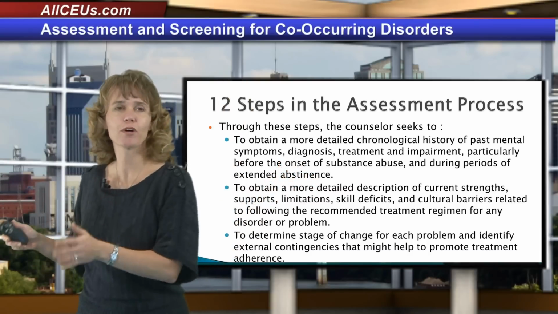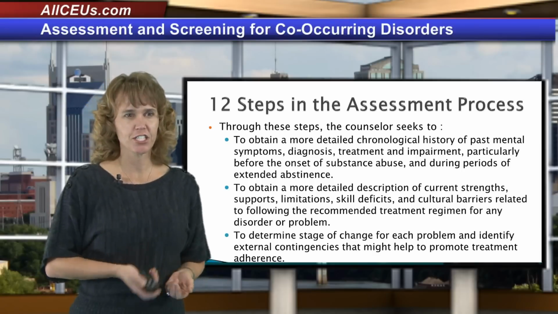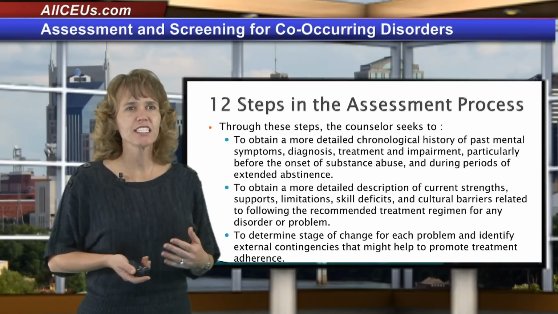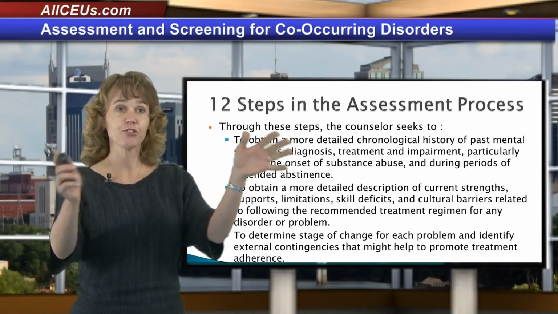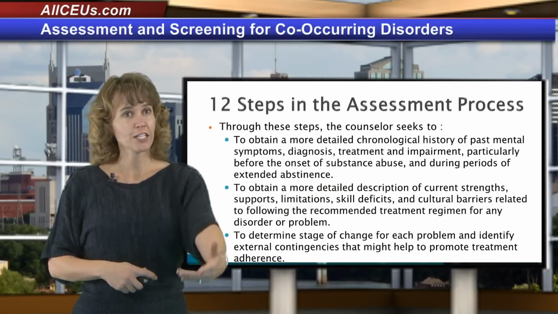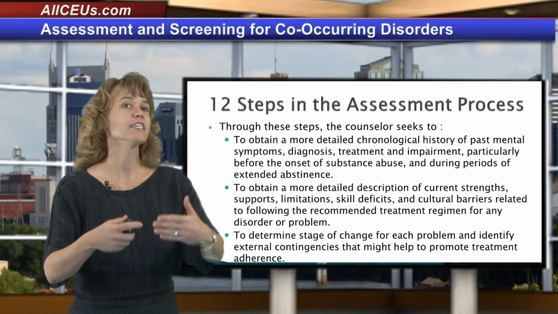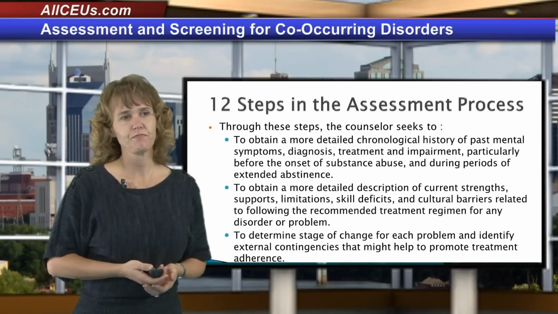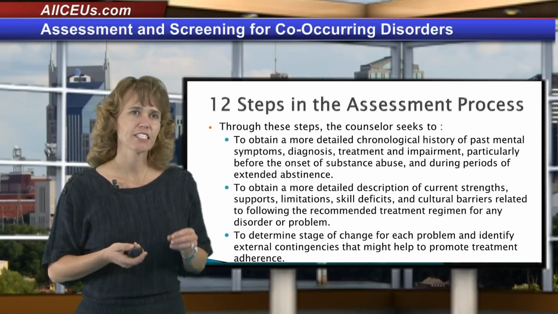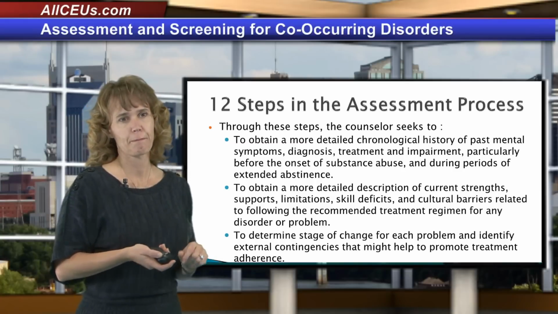Okay, that's where we're going to start. So let's talk about what these marital difficulties are. External contingencies. What things happen in your environment that would help you follow through with treatment compliance if your spouse did whatever? Identify things that are going to help keep the client motivated to work on those problems.